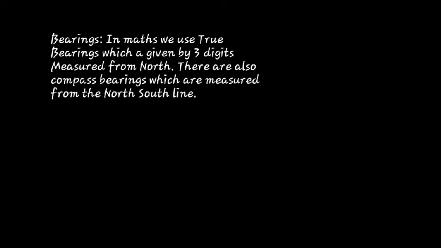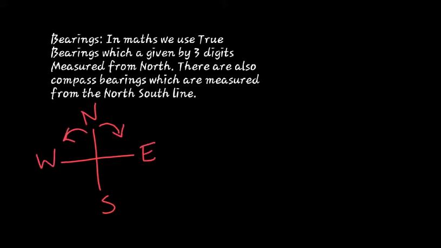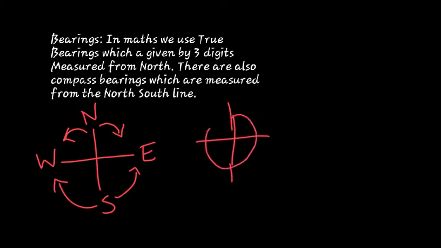So if this is north and this is south, we're going north towards the east or north towards the west, and then south towards the east or south towards the west. But in our true bearings, we're measuring everything from our north line and going all the way around.